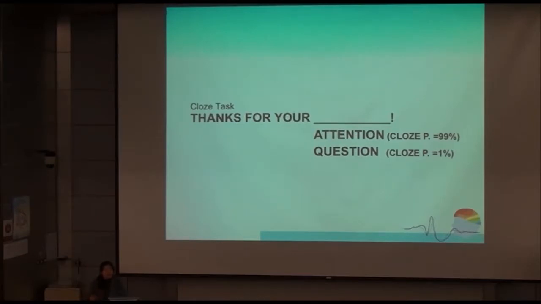Yeah. Oh, okay. So there's a group from Germany, but I forget his name. They have continuous recording of the ERP and also eye tracking simultaneously. For each word, they measure the cloze probability and also frequency.